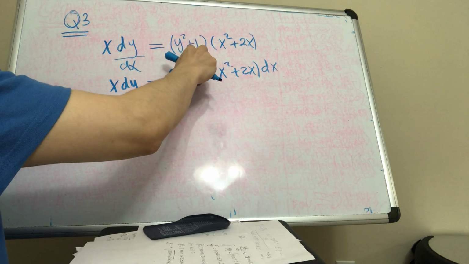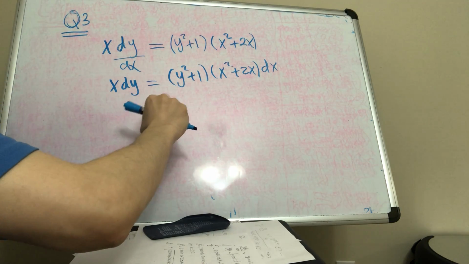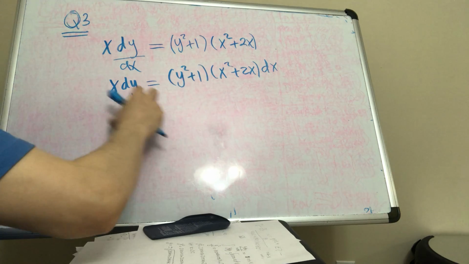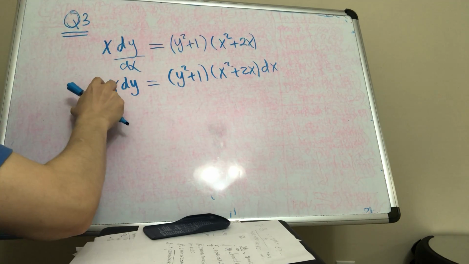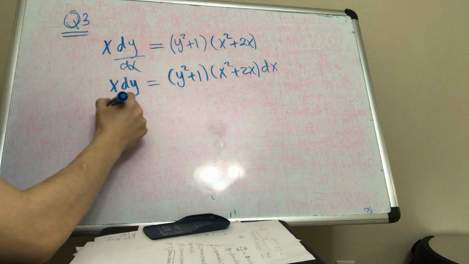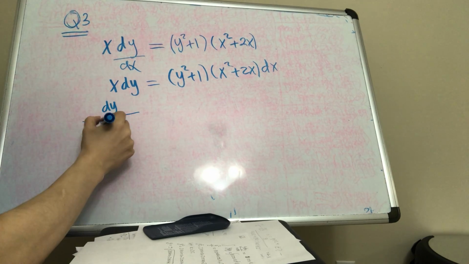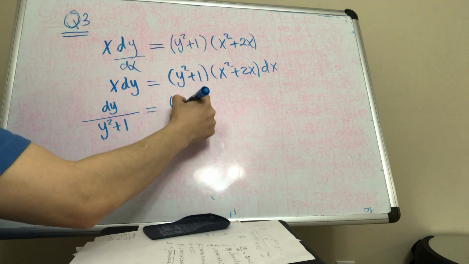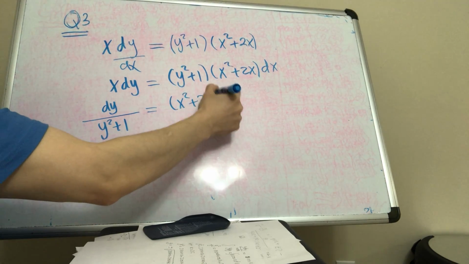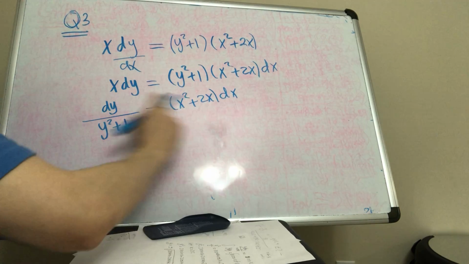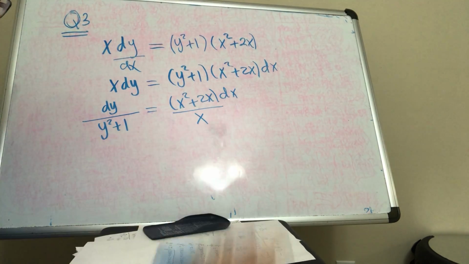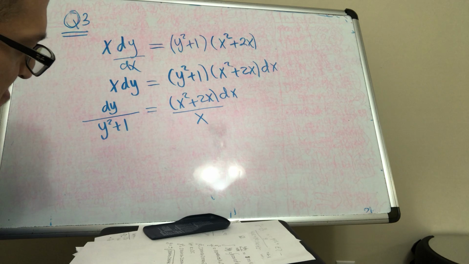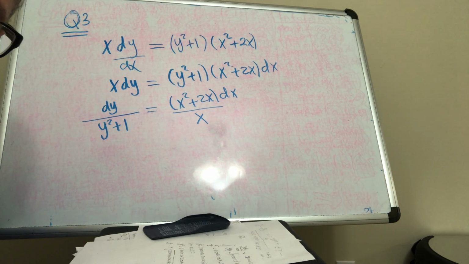So now we have the dx and the dy on top. I'll move this to the bottom of the dy. I'll move the x to the bottom of dx. So I have dy over y squared plus 1, and here I have x squared plus 2x over x, dx. Then you always look at this and ask yourself, could this be simplified anymore?